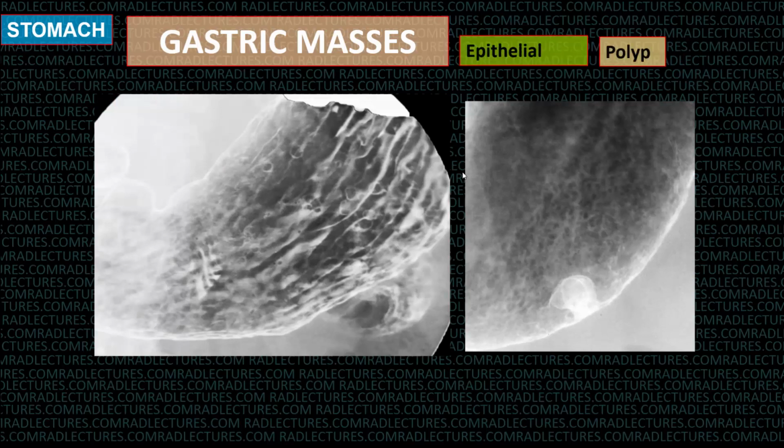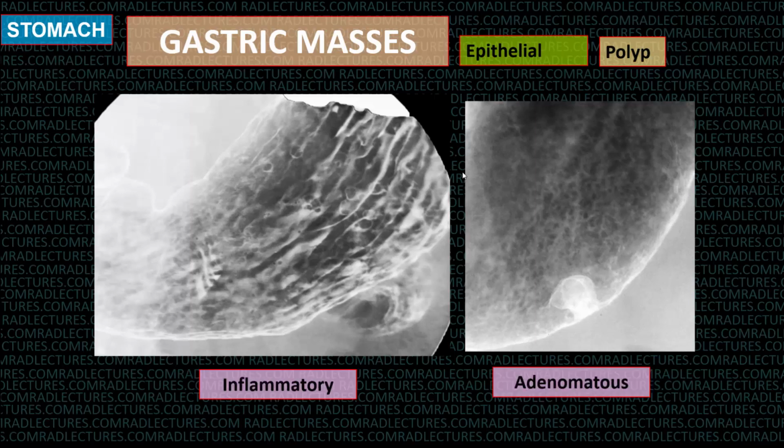Epithelial gastric masses, which when they are benign, they are mostly polyps. Polyps in the stomach can be either inflammatory or they can be adenomatous. Inflammatory polyps are multiple. This is a typical appearance. It's been shown in many exams. It's a typical appearance of inflammatory polyps, and they are located in the body of the stomach, not in the antrum.